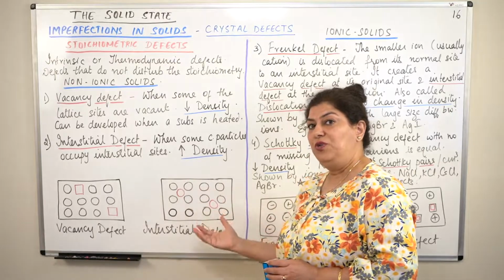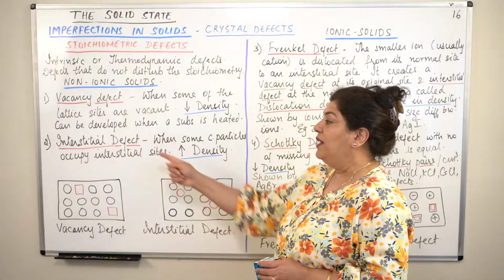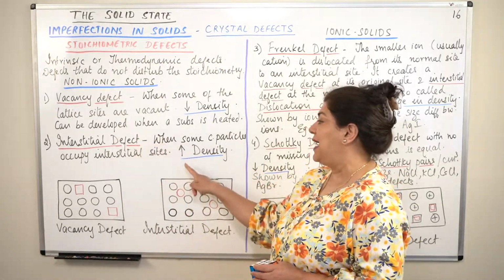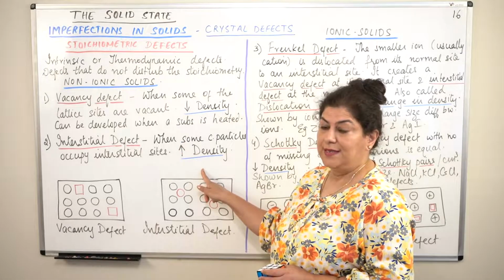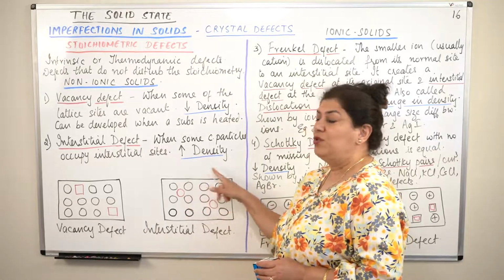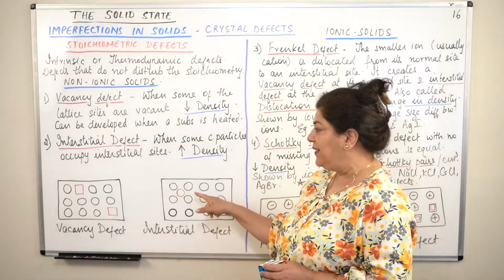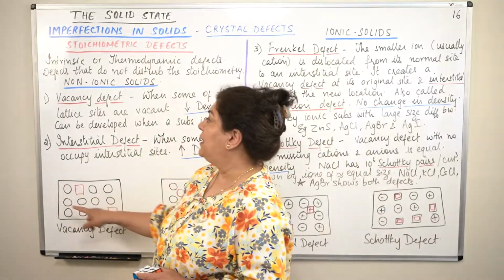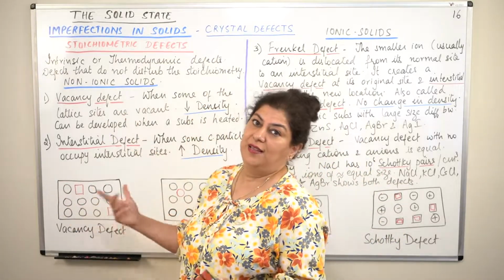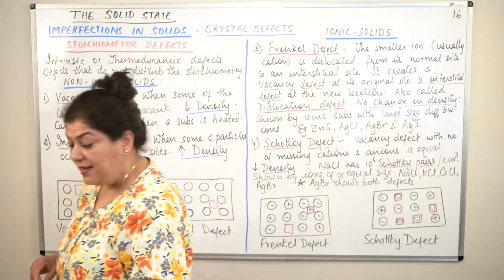So mass per unit volume increases, so interstitial defect will cause an increase in the density. Is it clear? The mass per unit volume in interstitial defect increases, which causes an increase in density. In the case of vacancy defect, the mass per unit volume decreases, therefore it causes a decrease in the density.